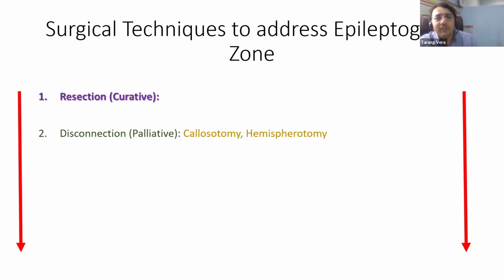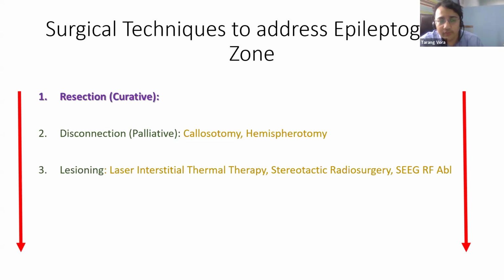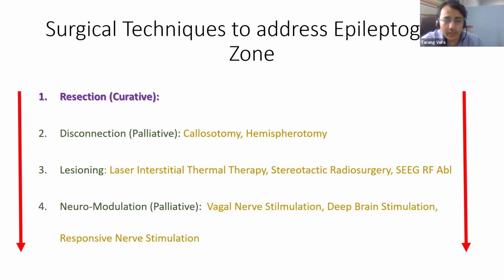The other modalities, when we are not able to find out where the seizure is starting in a drug refractory patient, is disconnection, where we do callosotomy or hemispherotomy. We also have the option of lesioning, that is laser interstitial thermal therapy or radiosurgery or stereo EEG guided radiofrequency ablation. And the last one is neuromodulation, vagal nerve stimulation or deep brain stimulation or responsive neurostimulation.